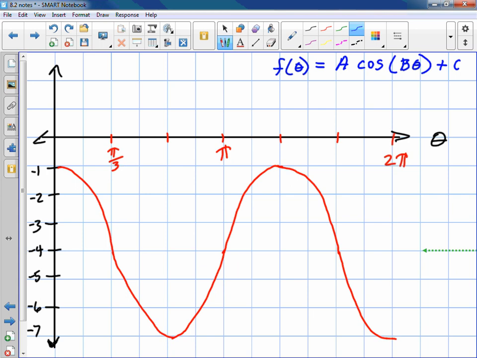Okay, we're on our way. We've done our first little bit. So now I'm saying to myself, okay, got to figure out the period. Where does it complete its cycle? So I look down here, and right about there it completes its cycle.